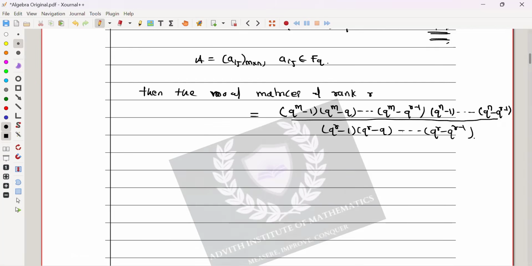So this is the formula for rank r, where A_ij should be the element from the field F_q.